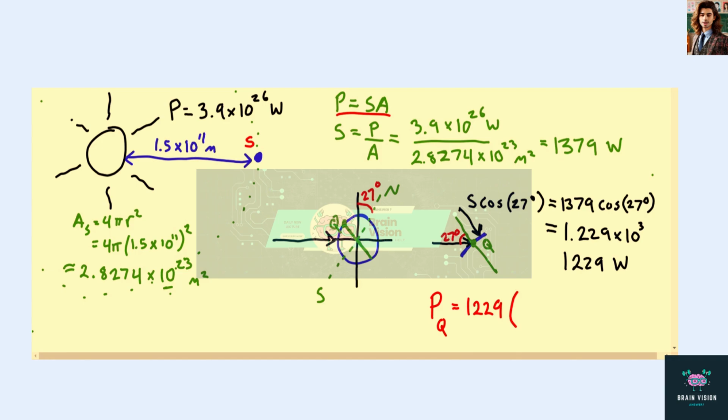They've told us that the power is striking an area of land that's 0.75 square meters. And when we multiply that together, you'll get about 920 watts.